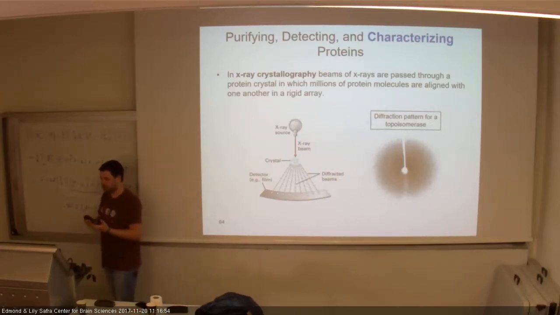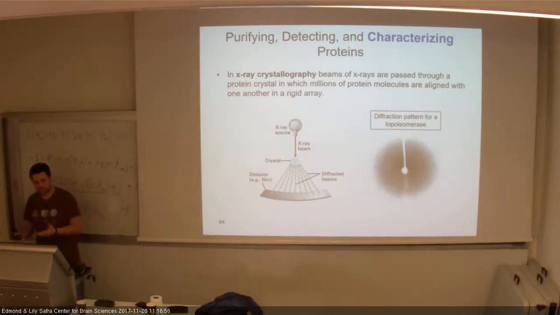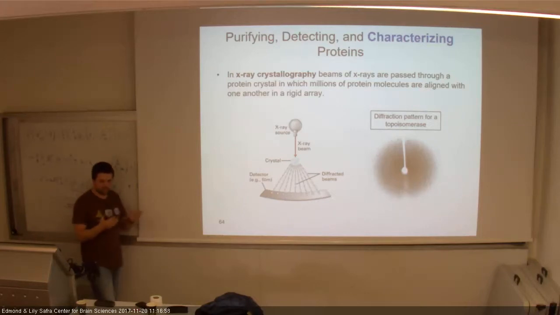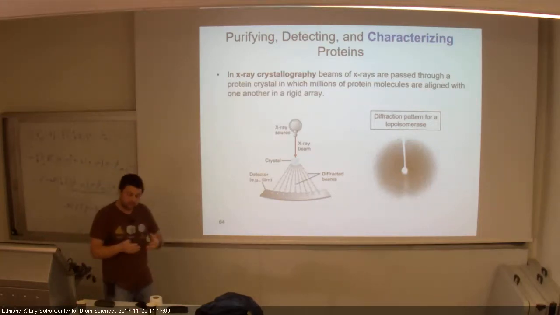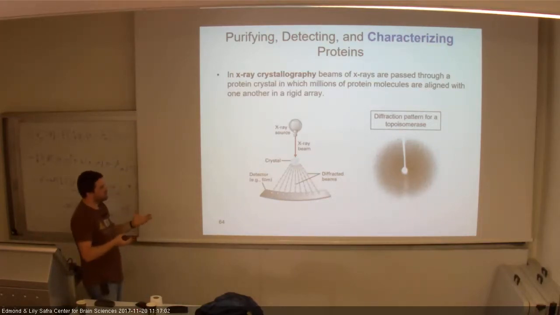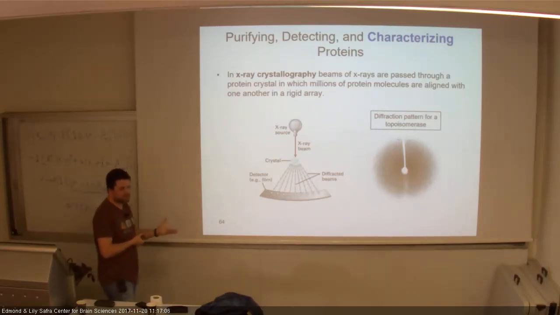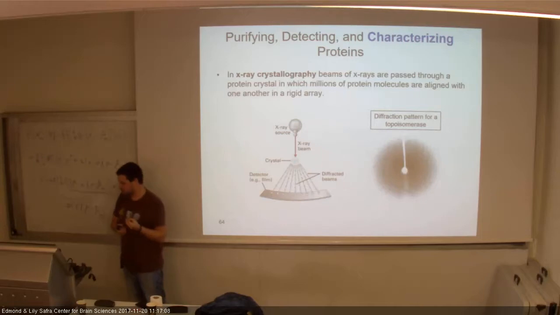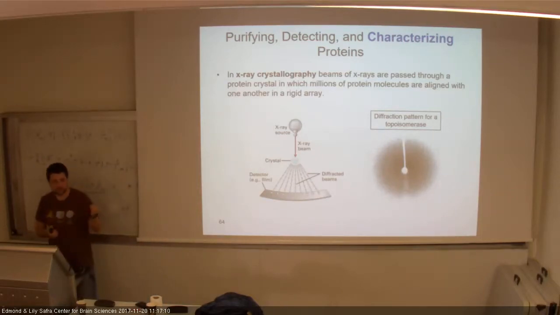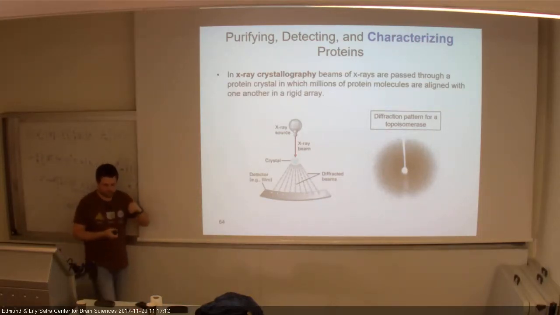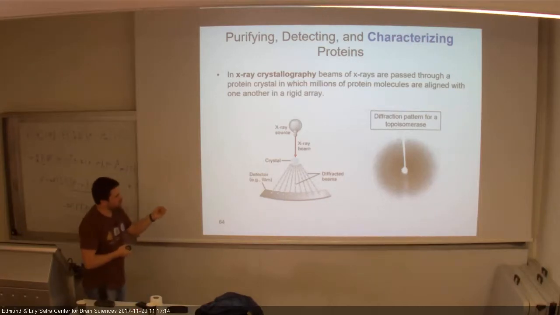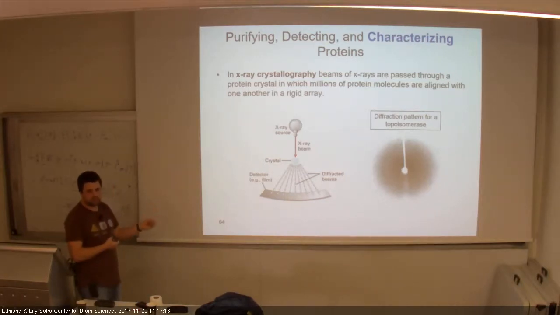For example, Ada Yonath got her Nobel Prize for crystallizing the ribosome, or at least part of it, the bacterial ribosome, and her breakthrough in that regard is that she used oil. She used a very stable ribosome, first of all, and second of all, she used oil instead of water in order to crystallize it.